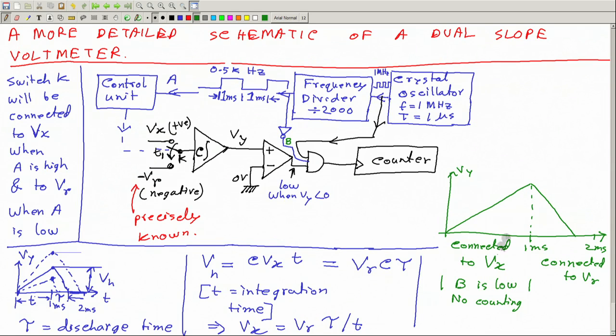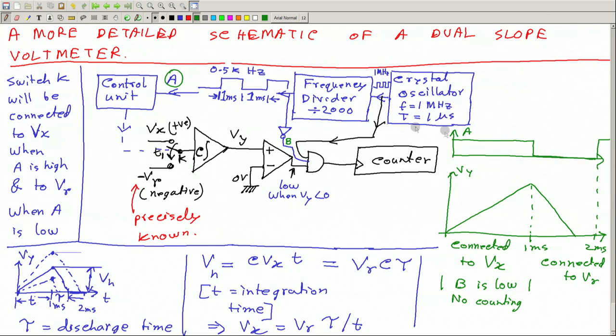Let me also draw this signal on the same axis. This is the signal I have named A. It is high and low here up to 2 millisecond, and then it's high again. So this is signal A, right?